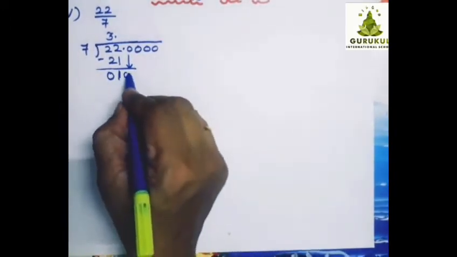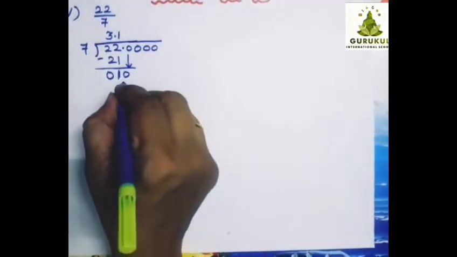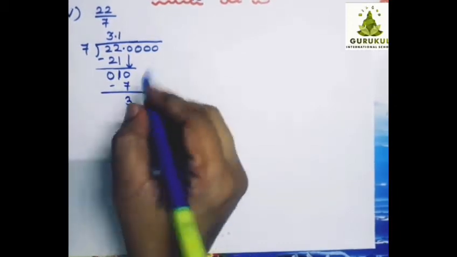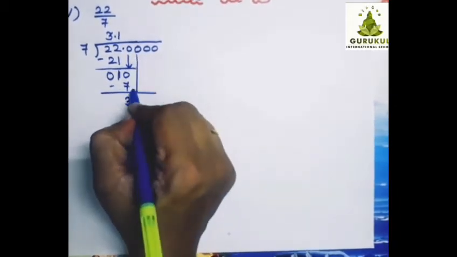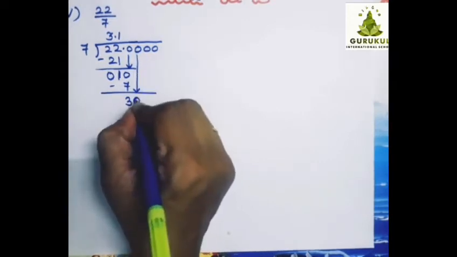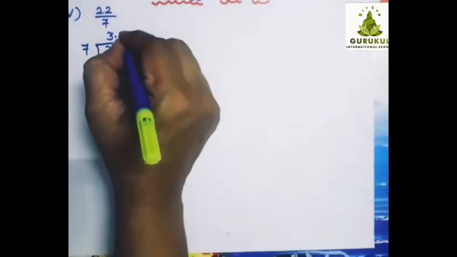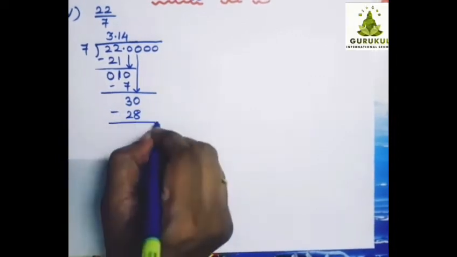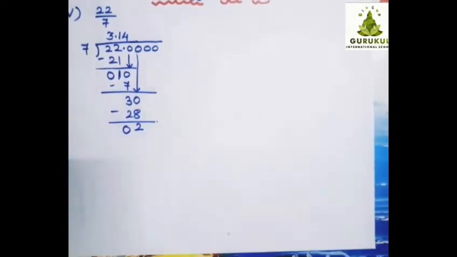Then write 0. 7 ones are 7, 10 minus 7 comes 3. Again take 0 down, it will become 30. 7 4s are 28. 30 minus 28 will give you 2.